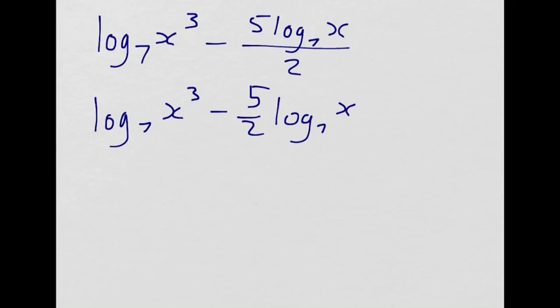Do you follow what I did there? Because 5 over 2 log x is the same thing as this, if I multiply the 5 by the top. Okay, what to do from there?